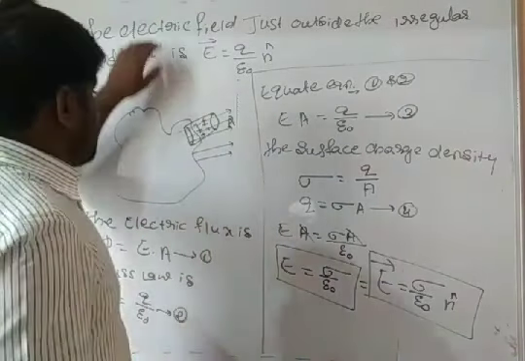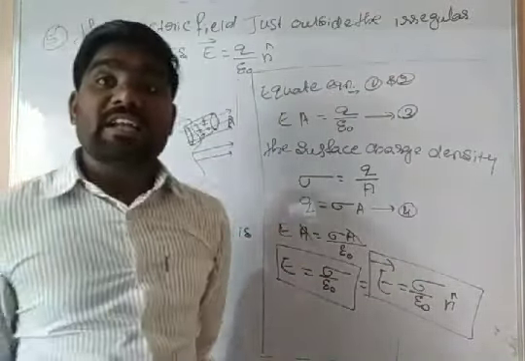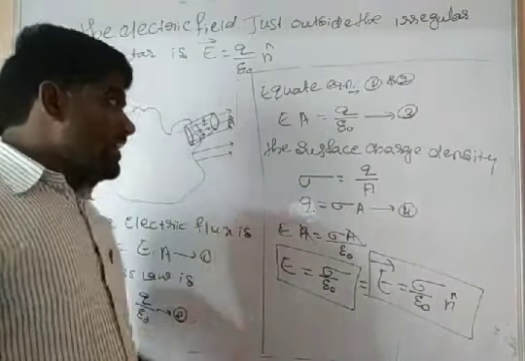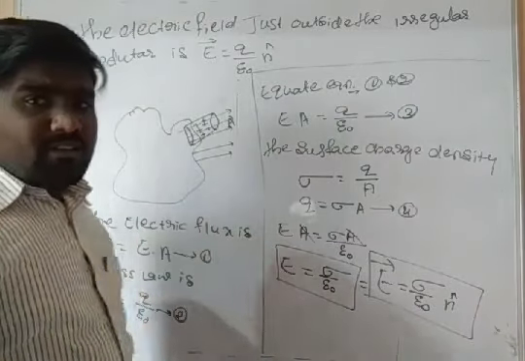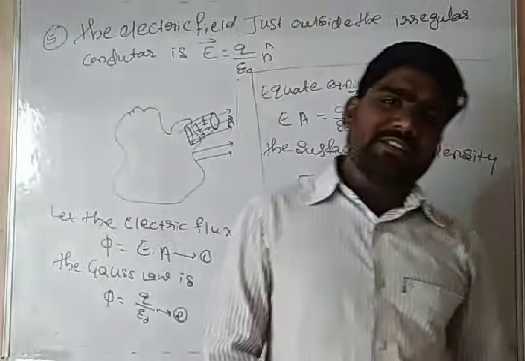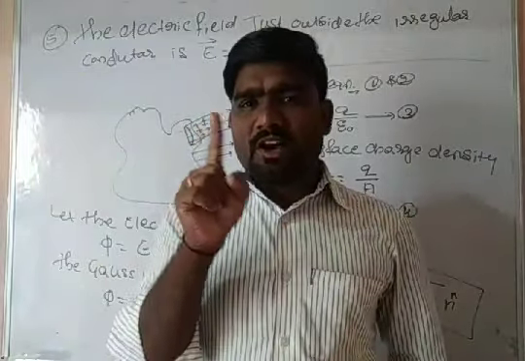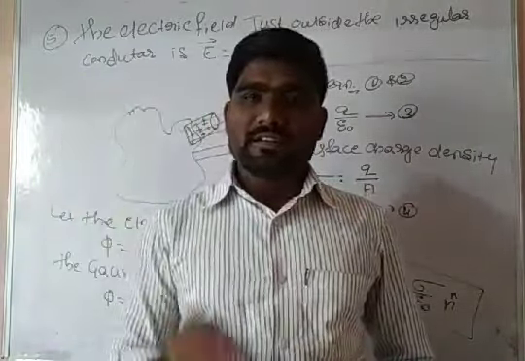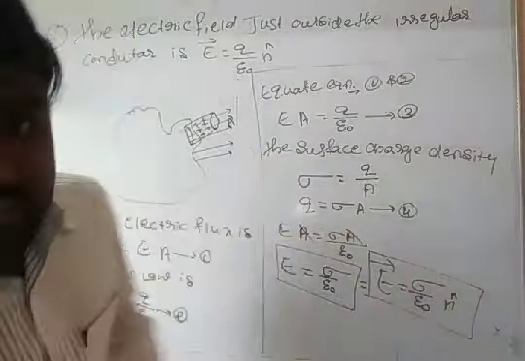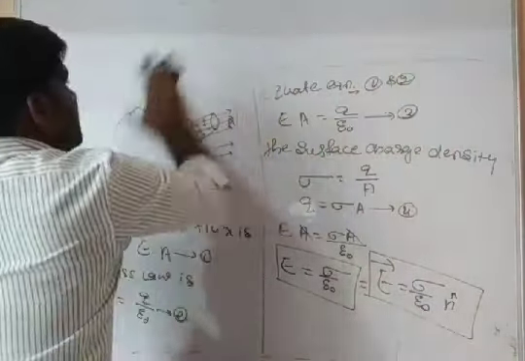This much electric field will be there just outside of the irregular conductor. So the last property is electrostatic shielding. Electrostatic shielding is the process of protecting a certain region from the electric field. The sixth one is electrostatic shielding.